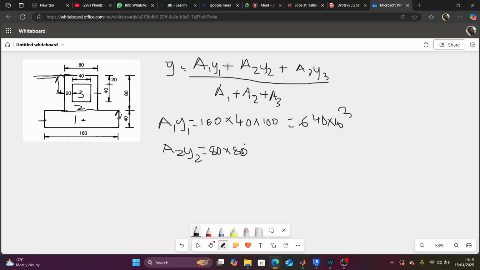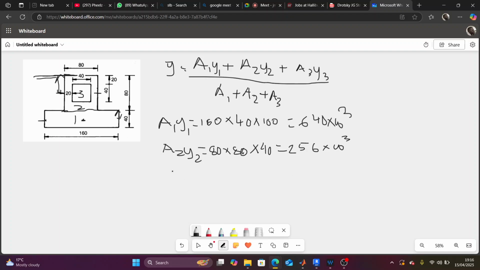So it is 80 times 80 multiplied by 40. So what is the unit here? It's 256 times 10 to the power 3.